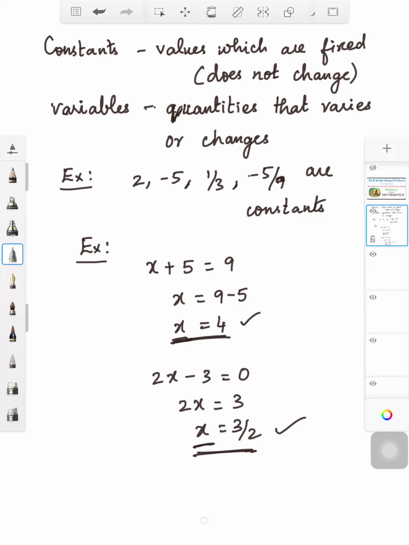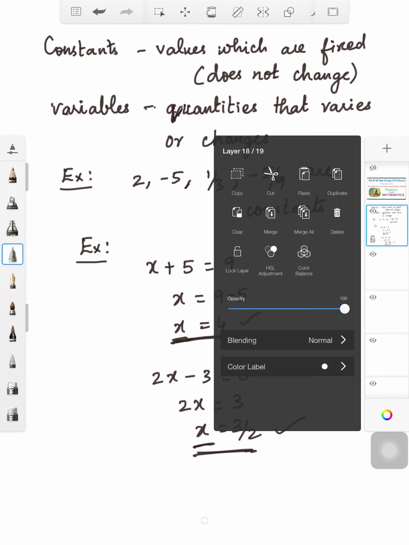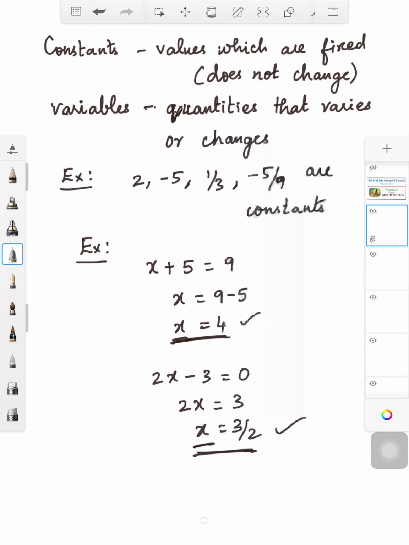So when I talk about variables and constants, you must be able to find out what chapter I am going to start with. Yes, before that, can you tell me what is an algebraic expression?